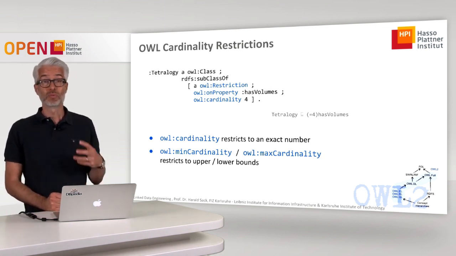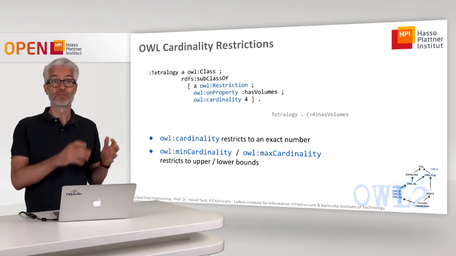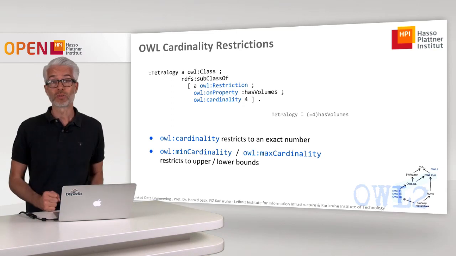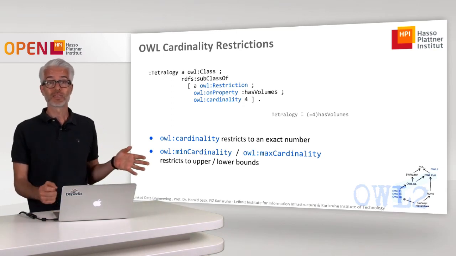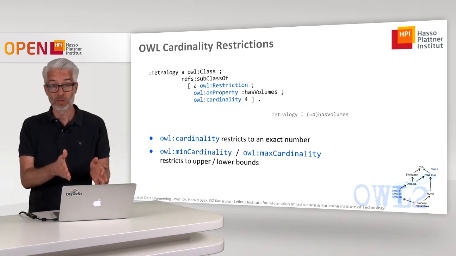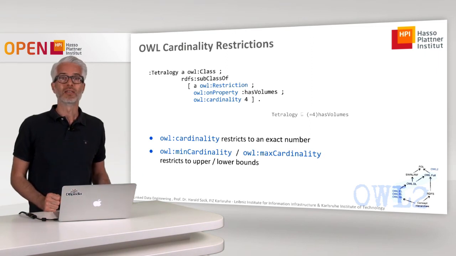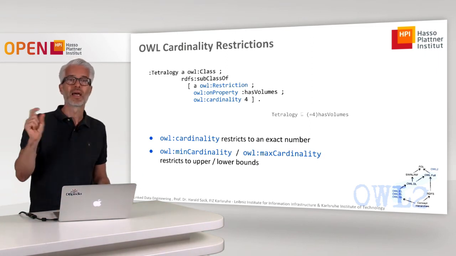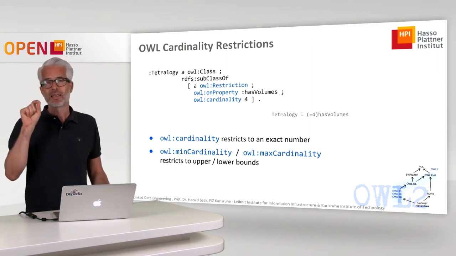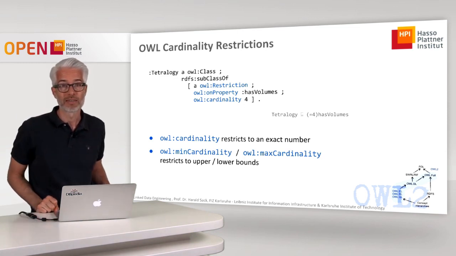So for example, if you want to define something like a tetralogy, which consists of 4 volumes or 4 books, you can do it in the following way, that you say a tetralogy is an OWL class, which is a subclass of a compound, which is a restriction, this time on the property has volumes, and you say the cardinality of it via the OWL keyword, OWL cardinality, must be exactly 4.